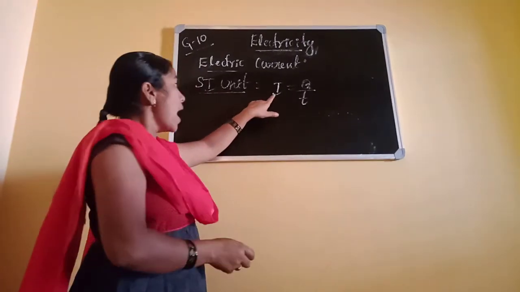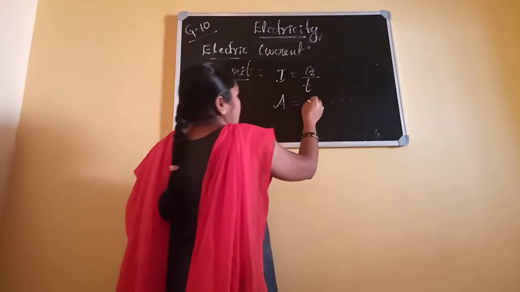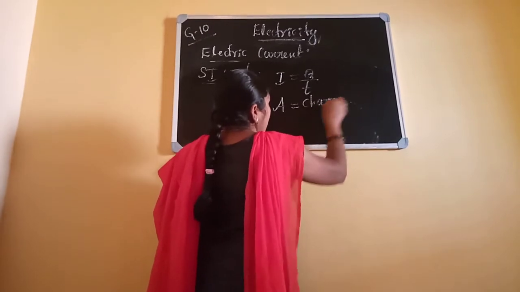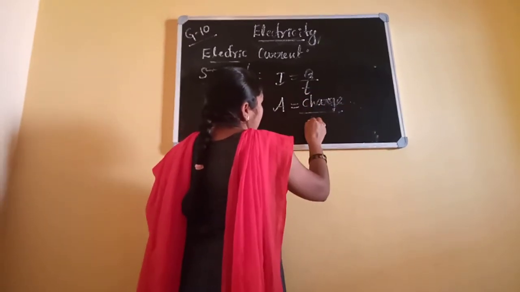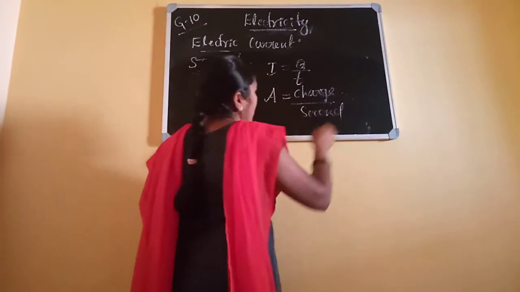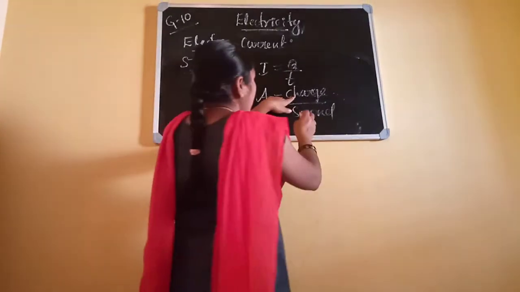Q is charge divided by time, and the SI unit of time is second. Charge's SI unit is coulomb. So Q is coulomb per second.